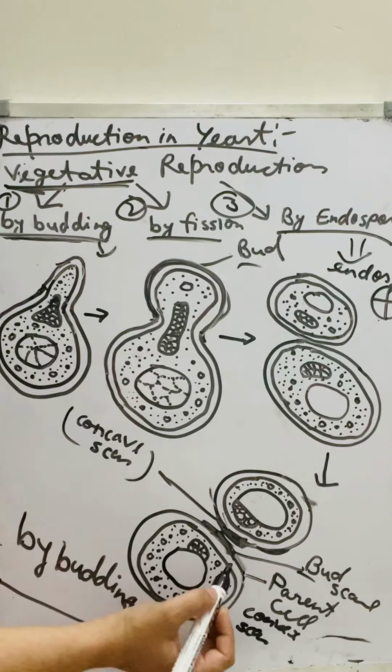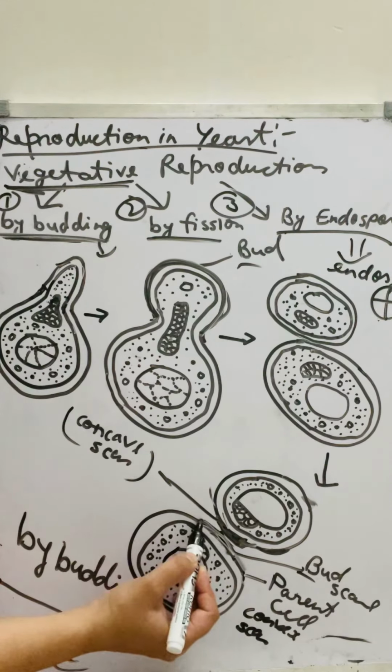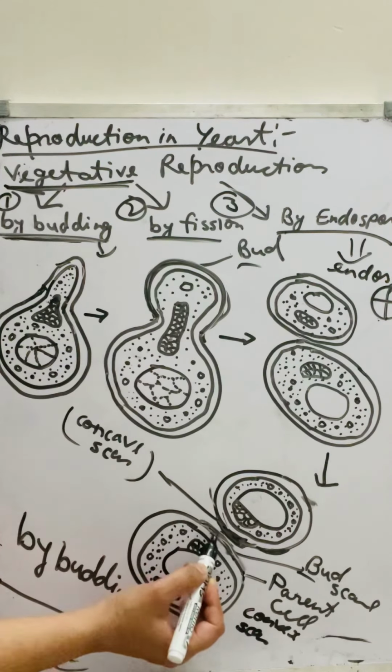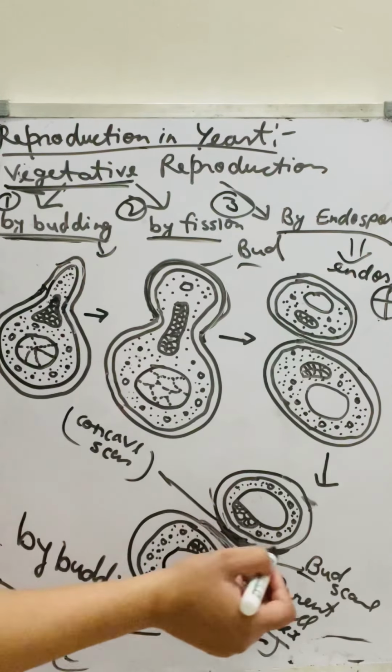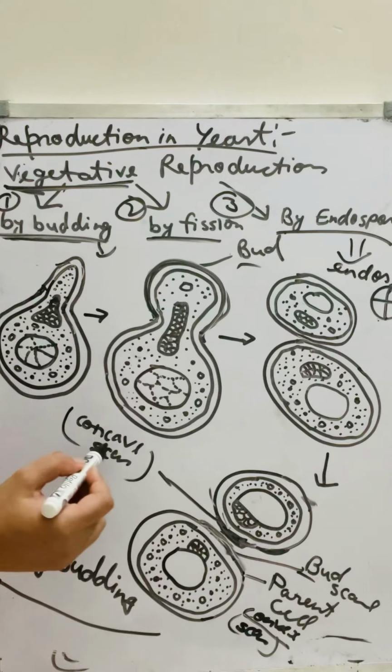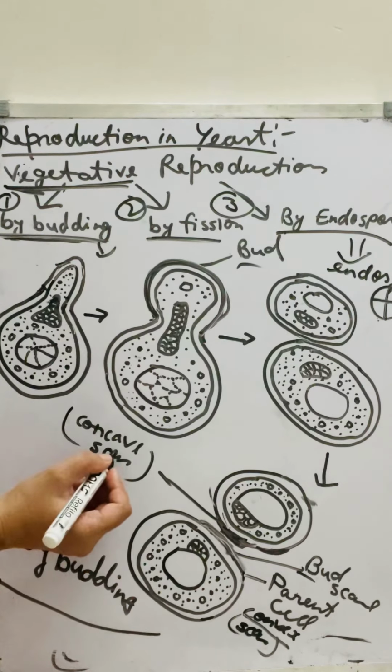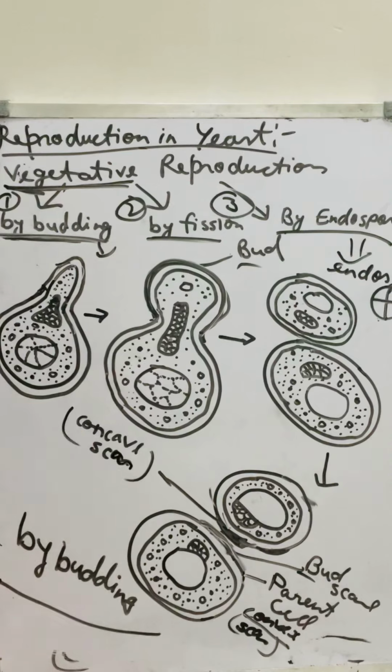There is a scale-like structure in the parental cell, which is called the convex scale, and the point on the bud portion where the scale is, is called the concave scar. Number two is the fission process.